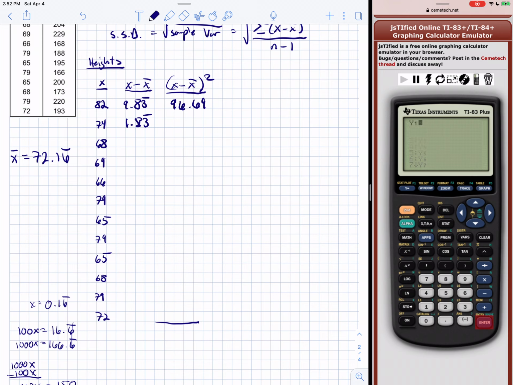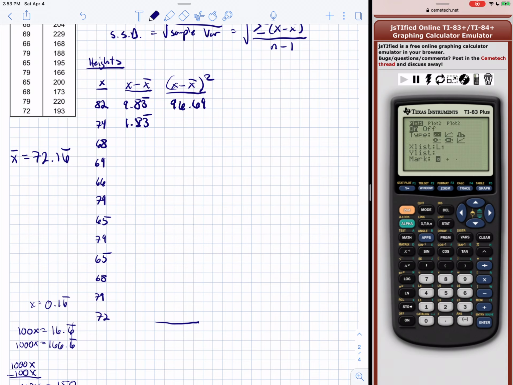Actually, we could just look at the table, right? There it is right there. Stat, stat plot. We're going to turn this on. Can we change that?